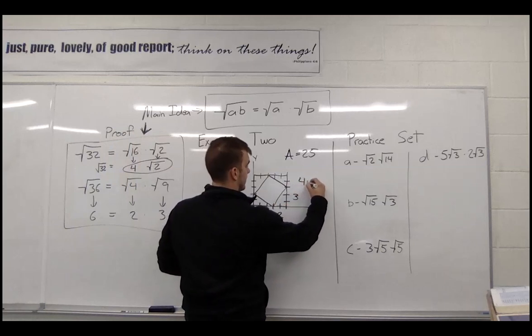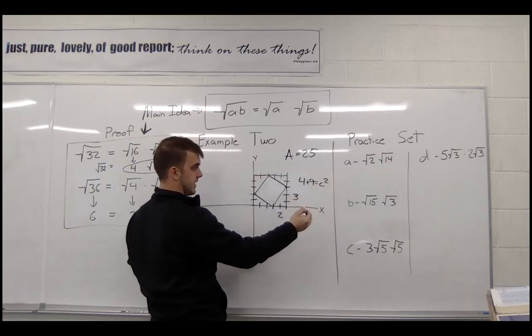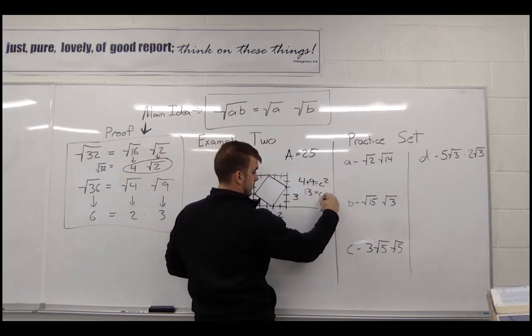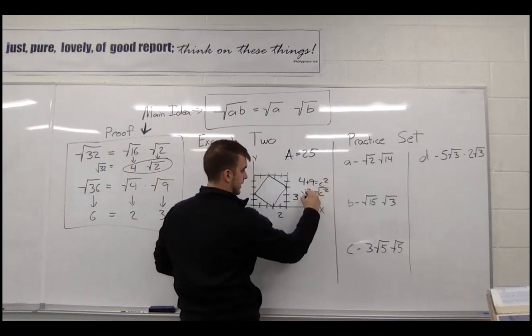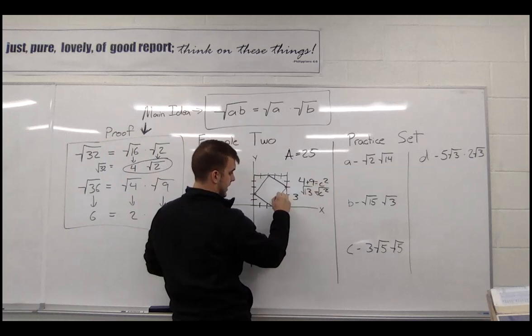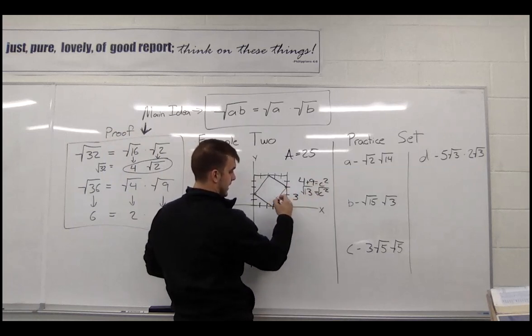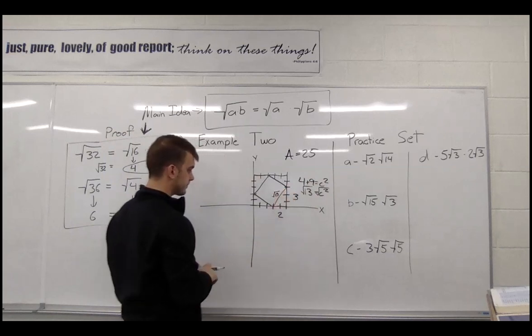So 4 plus 9 is equal to c squared. 4 plus 9 is 13. And obviously you have to get rid of the exponent 2 there, so you square root it. This side right here is c, the long side here. So that side is equal to the square root of 13.